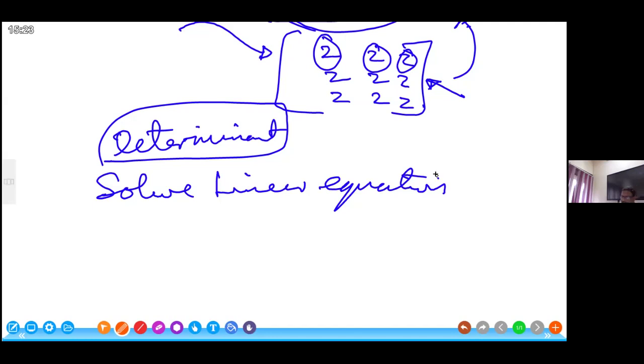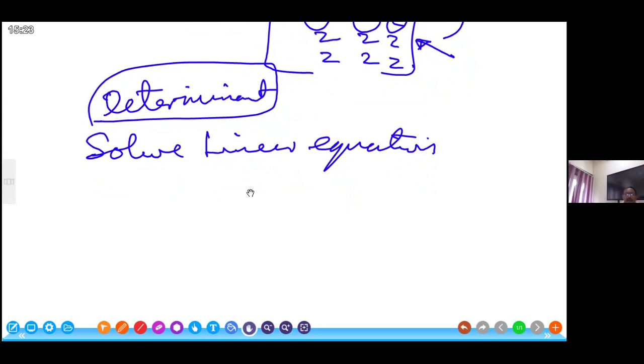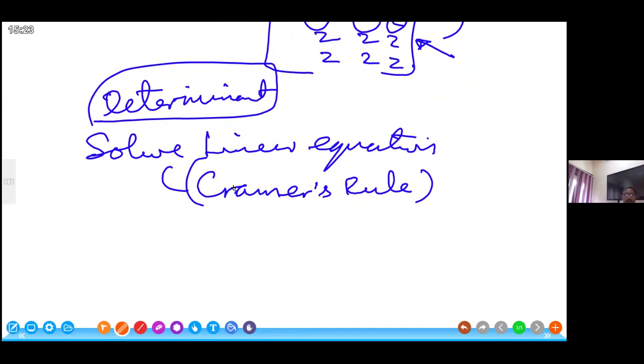We can solve linear equations. This is basically called Cramer's rule. This is called Cramer's rule.